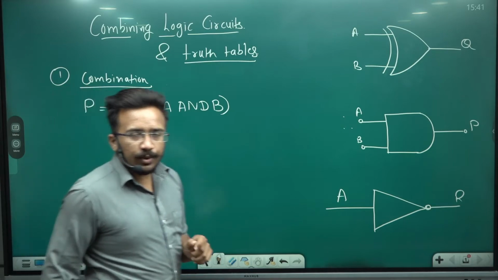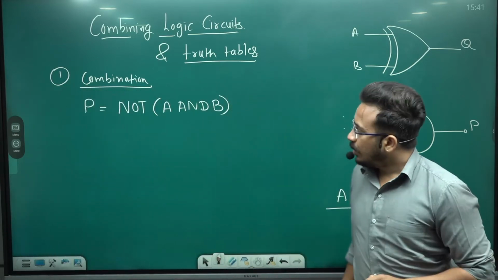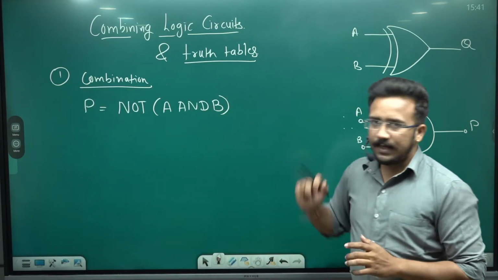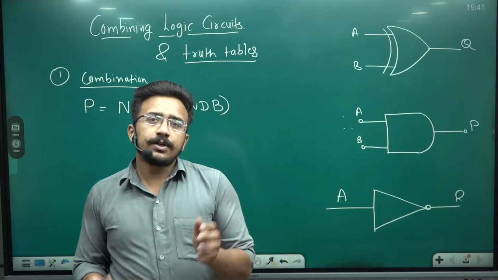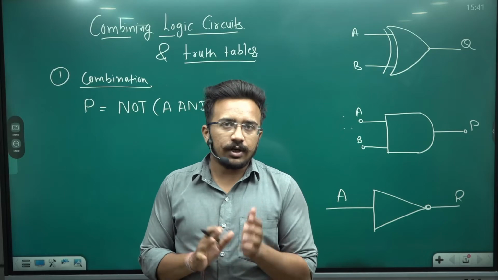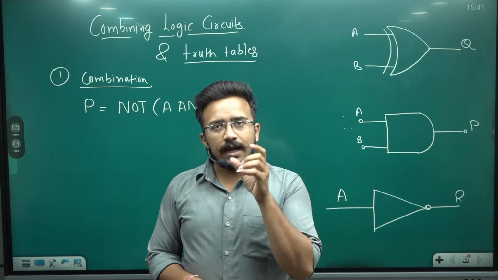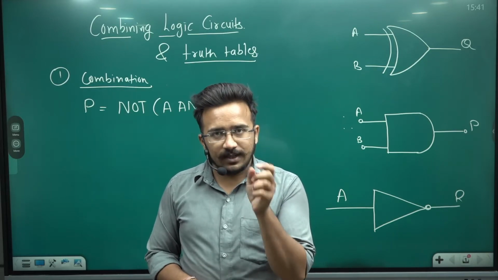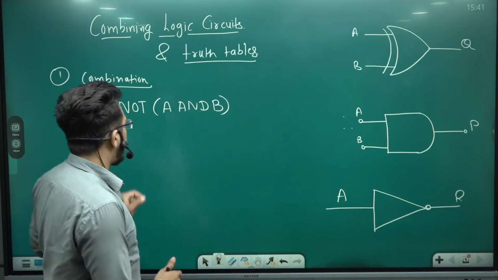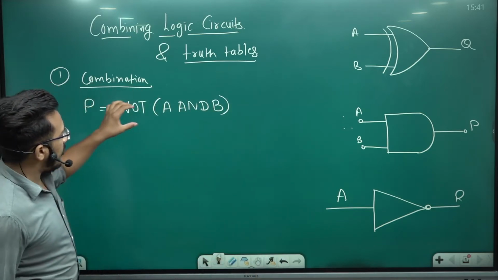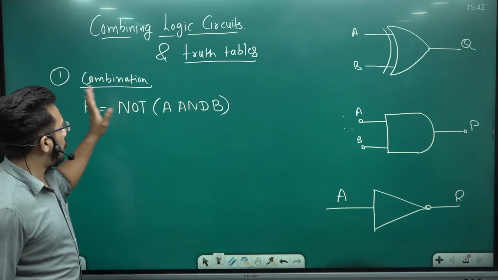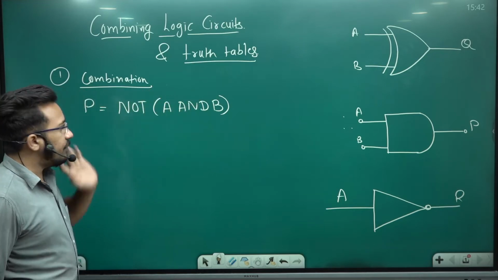The combination is P equals NOT (A AND B). So remember a fundamental rule: first you need to solve the brackets. Whatever is in a bracket, you need to carry out first, when there is a NOT gate. Here in the bracket it's A AND B, and the output P is NOT (A AND B).